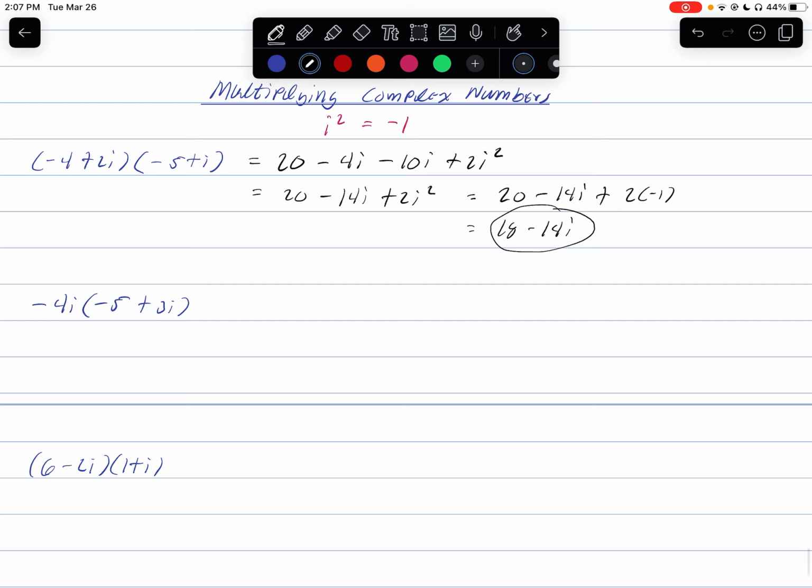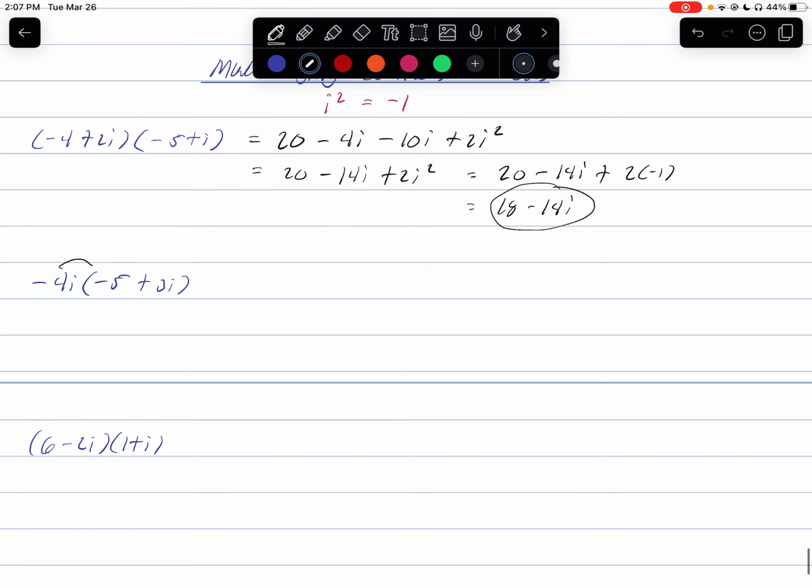Okay, how about this one? Here we have -4i times -5 plus 3i. Okay, so with this one, we can just distribute like we normally would. So we'll take the -4i to each of these, and we'll have -4i times -5 plus -4i times 3i.